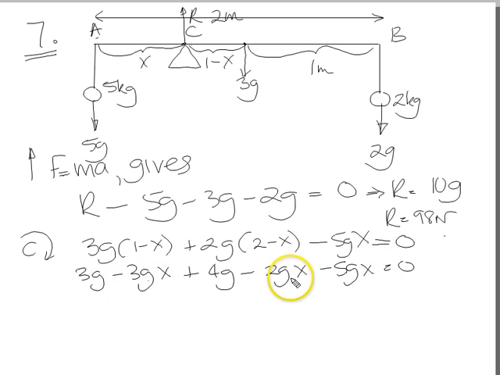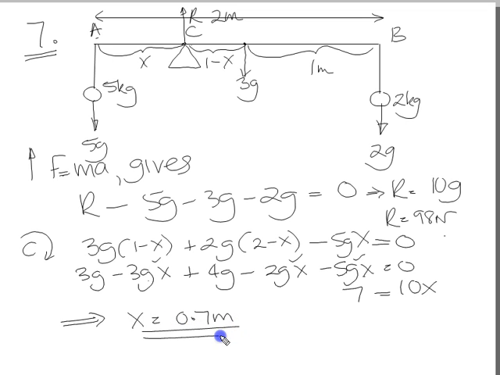We've got 3x, 2x, and 5x is 10x, minus 10x, so I can write that over there as 10x. And then the 7g, so that would be 7, wouldn't it? So what does that tell us then? Divide by 10 both sides, 0.7 meters. So there's x. So we've got the reaction force and the distance x.